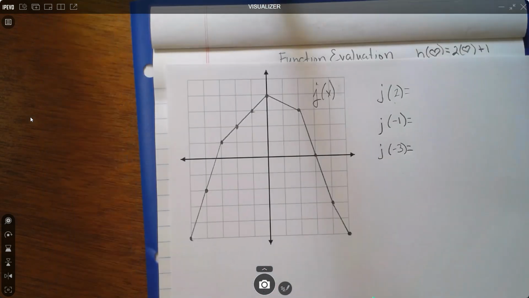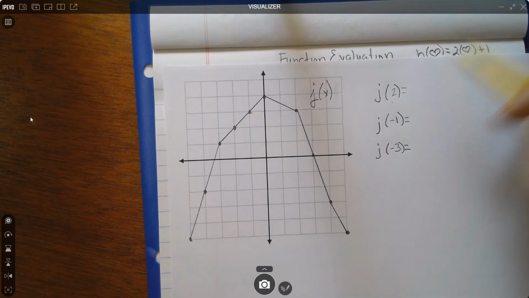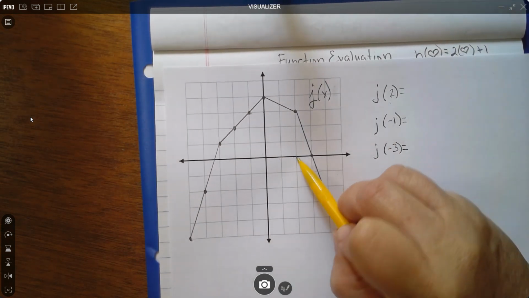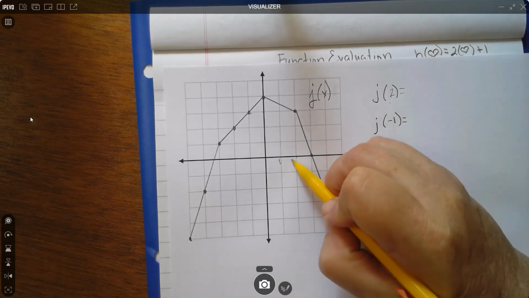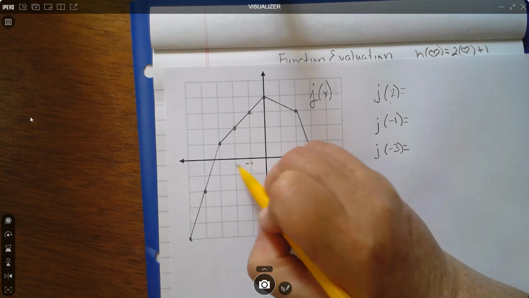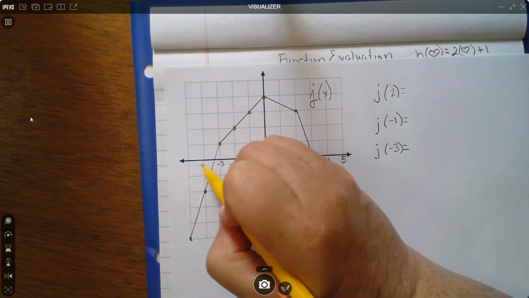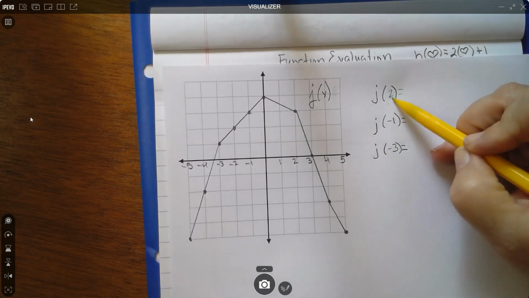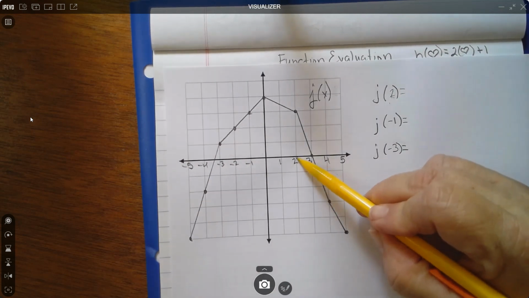I'm doing the same thing when I'm looking at a graph. This is giving me an x value, so I have to go on the x-axis. Okay, this is 1, 2, 3, 4, 5, -1, -2, -3, -4, -5. This tells me where to go on the x-axis. There I am on the x-axis.